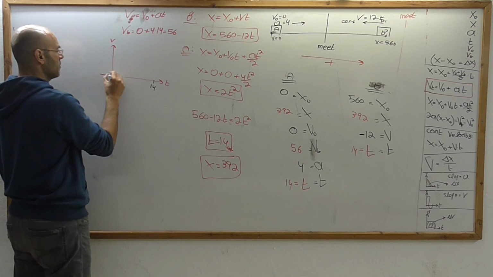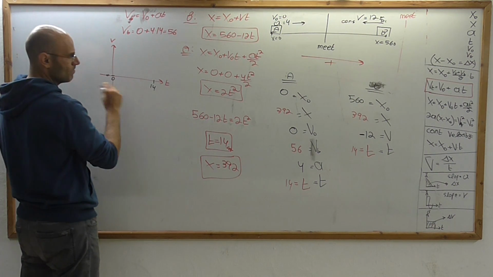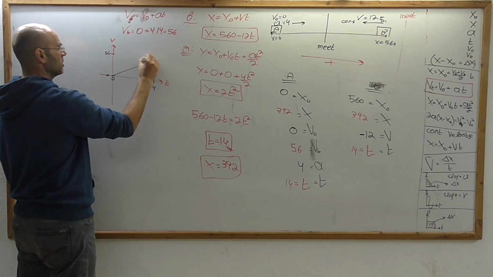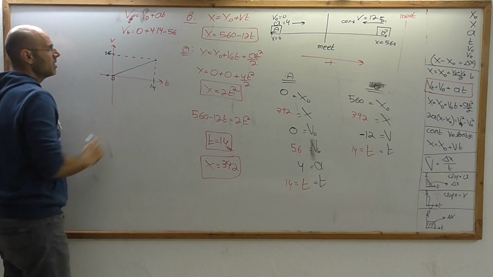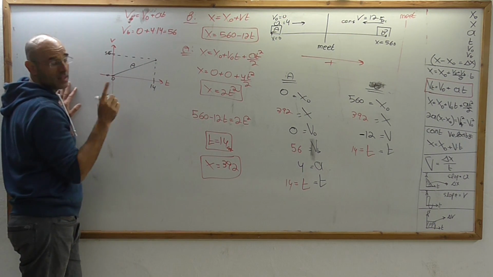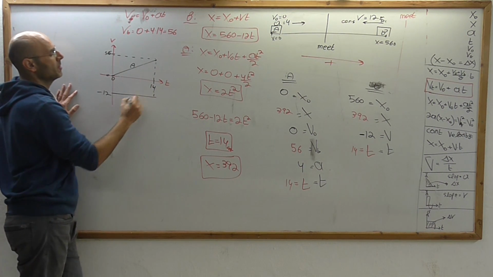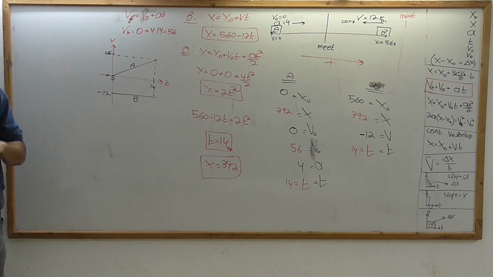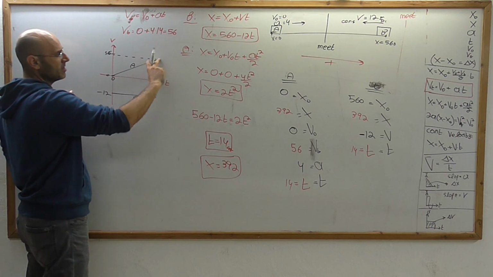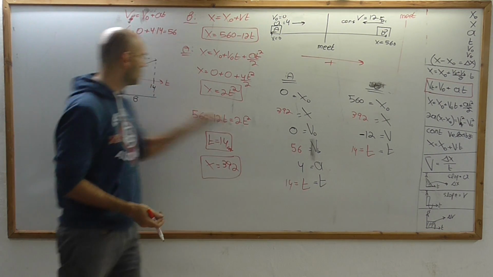A started with velocity 0 and finishes with velocity 56. This is A. B has constant velocity minus 12, this is B. Let's see if it adds up. The slope, vertical over horizontal, 56 divided by 14, is 4, and the acceleration is 4, positive.